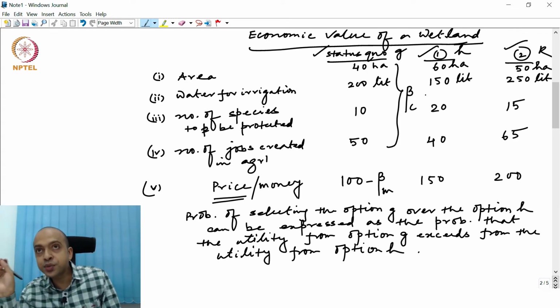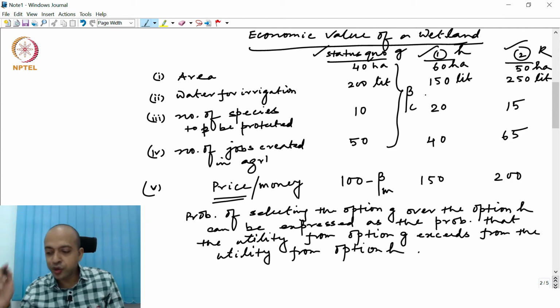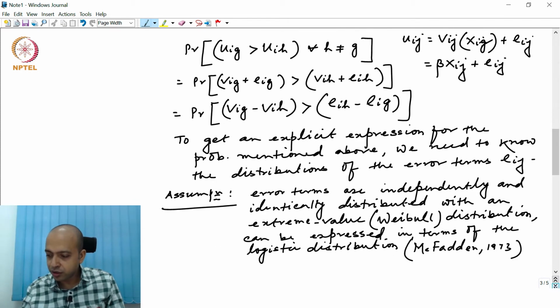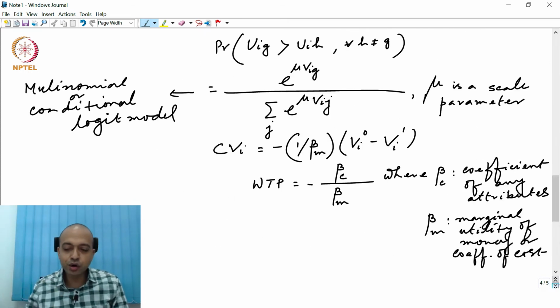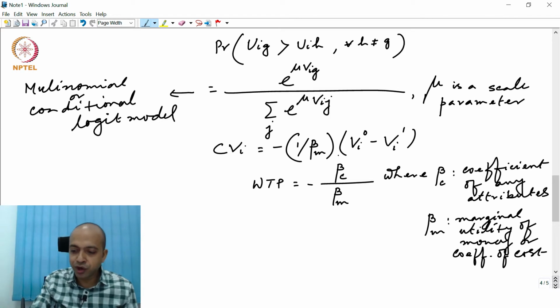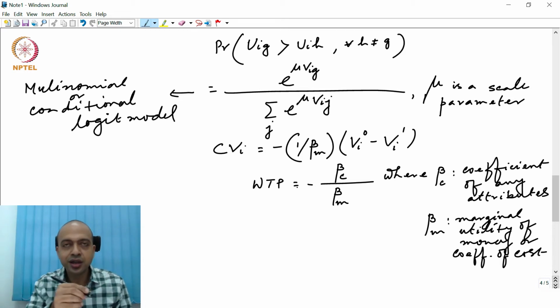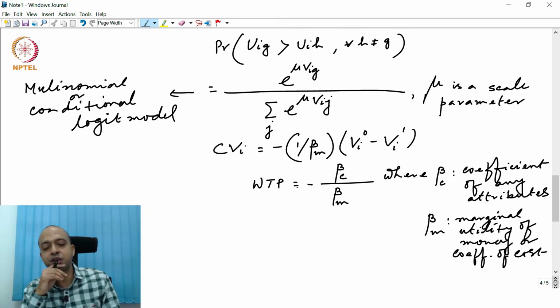The way we specify the utility is a linear function of all these attributes plus the random error term. So when we apply this econometric model, either multinomial or conditional, we will get estimates beta c hat and beta m hat. If you take a ratio of this, the negative of it is actually willingness to pay. Why negative?